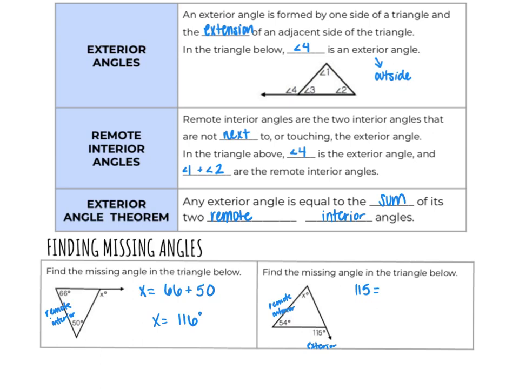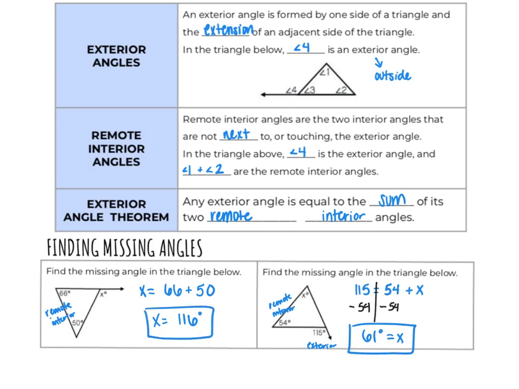So that tells me that that would be equal to 54 plus x. So it looks a little different than the last example, but we can still solve for x by subtracting 54 from each side. So doing 115 minus 54 gives me that 61 degrees would be the value of x.